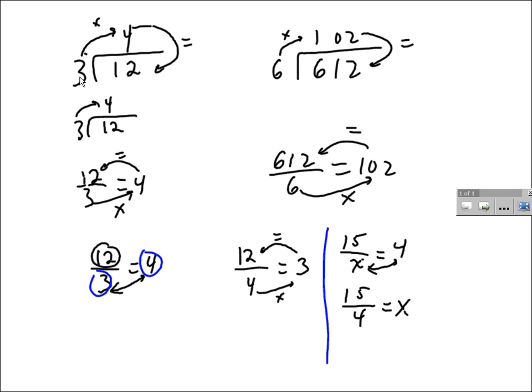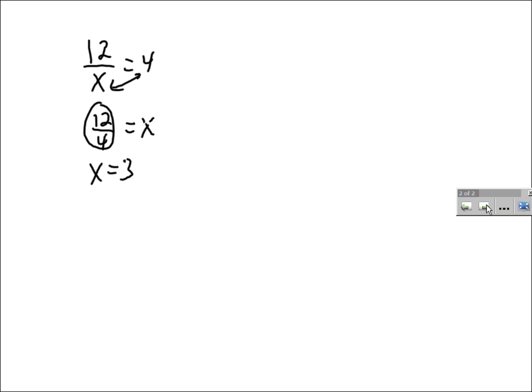And since 15 divided by 4 cannot be reduced, we're done. If you have 12 divided by x is 4, you can swap those two and you get 12 over 4 is x. But I can reduce that to 3.